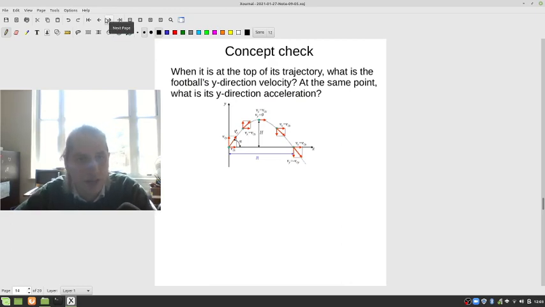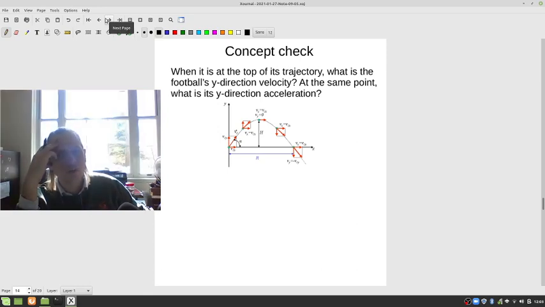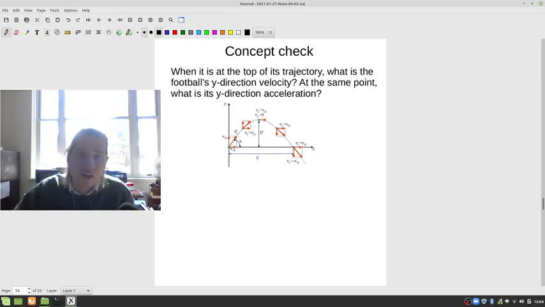All right, so let's do a concept check. When it is at the top of its trajectory, what is the football's y direction velocity? Looking at it again, our velocity in the y direction is biggest at the bottom, it gets smaller. At the top, the y direction velocity is 0. At the same point, what is the y direction acceleration?